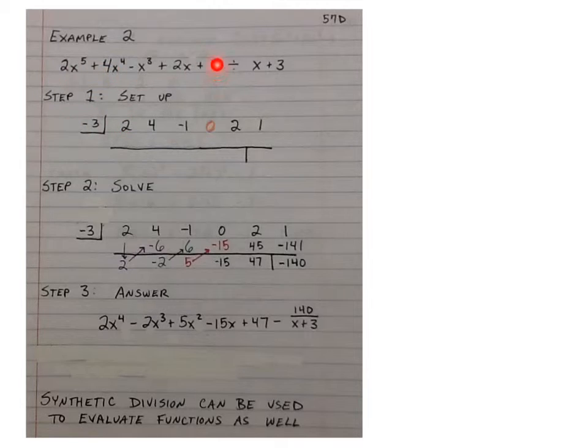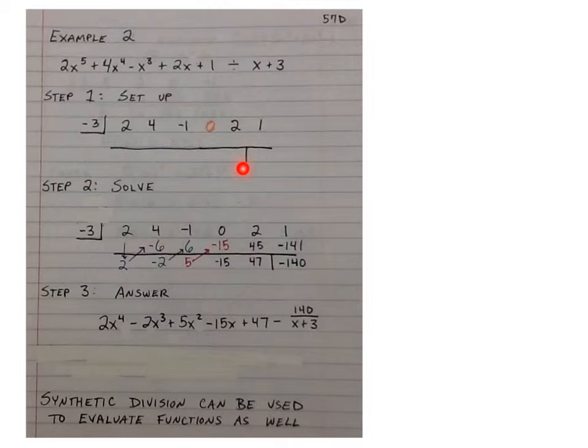And remember, your dividend has to be in standard form, so our coefficients are 2, 4, negative 1. We're missing an x squared term, so we have to write 0 in, and then 2, 1. Skip a line, draw the line underneath it, and the last term gets a line right there.